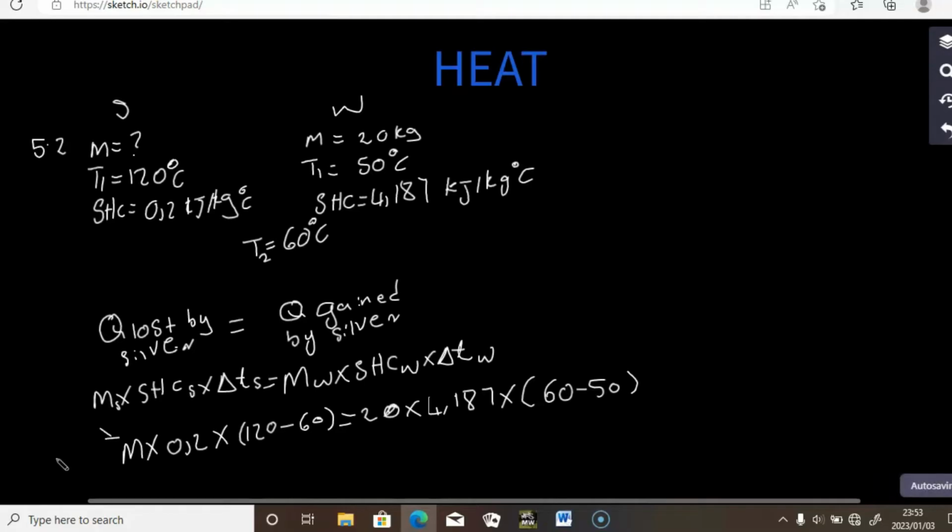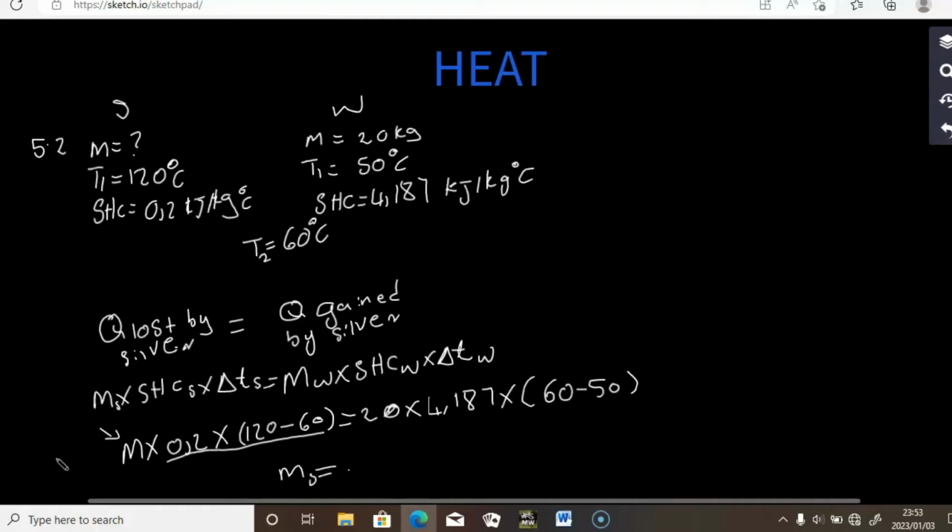This is the only unknown, and that is exactly what we are looking for. So we're going to divide both sides by 0.2 times 120 minus 60. Here we are going to have a cancel out, and here we will end up with something like this.